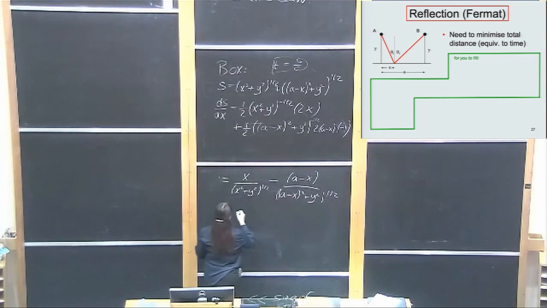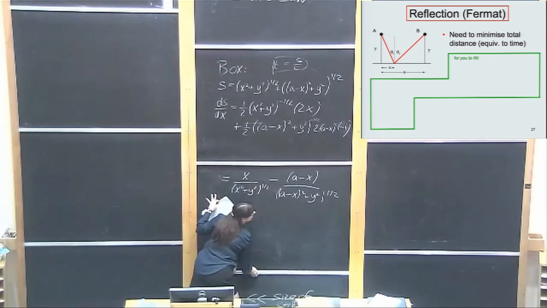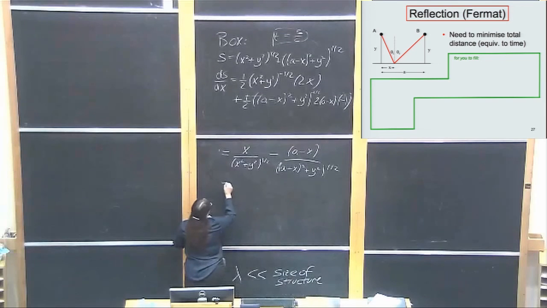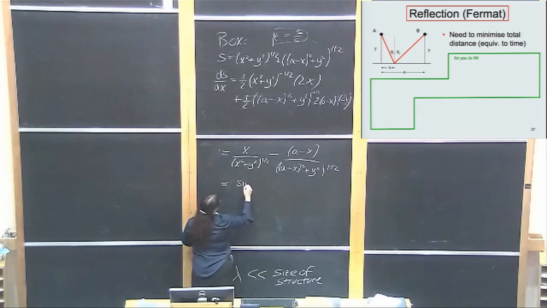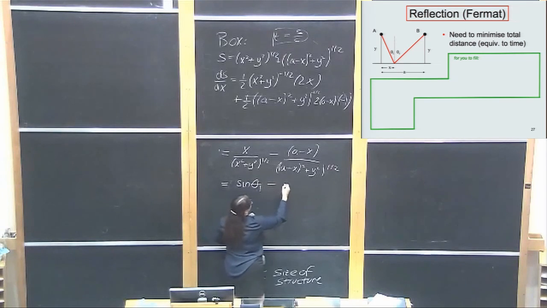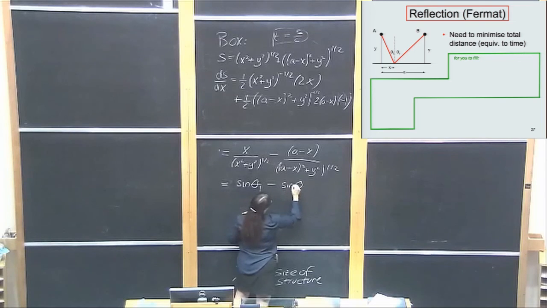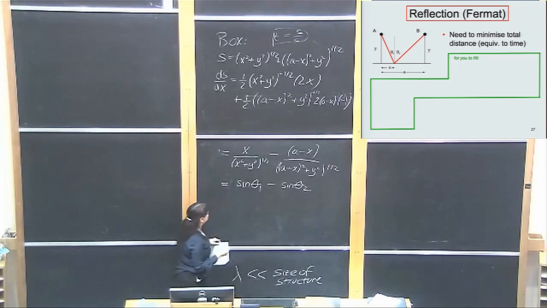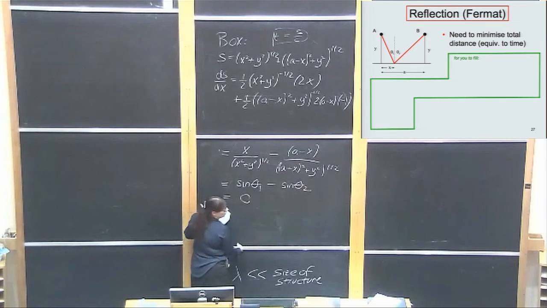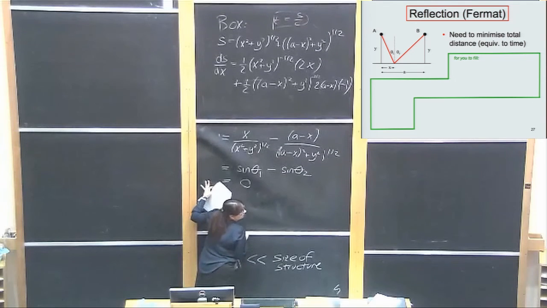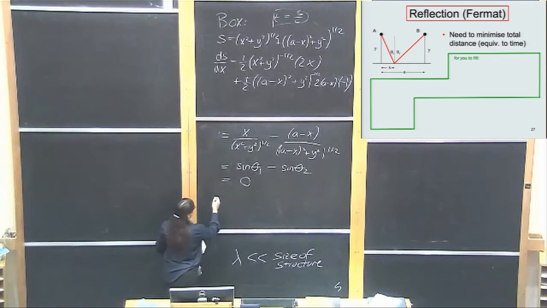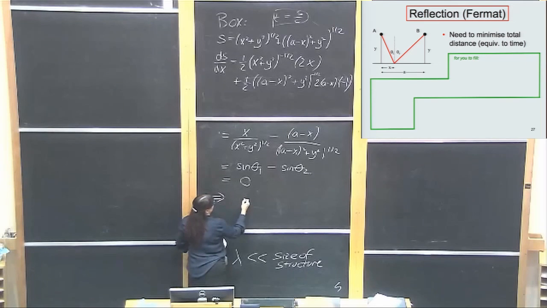Okay, and I need to set that to, well, I'm not going to set it to 0 yet, because I'm also going to notice one other thing, which is that that first term is simply sine theta 1, and that second term is simply sine theta 2. And I'm setting that to 0 because I want to find the extremum, which does turn out to be a minimum in this case. And so this is giving me the law of reflection.